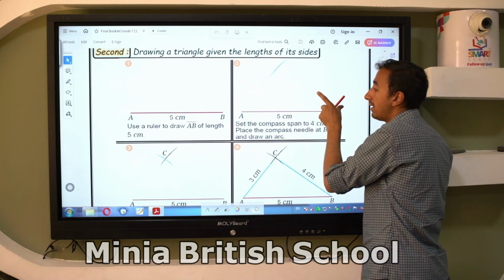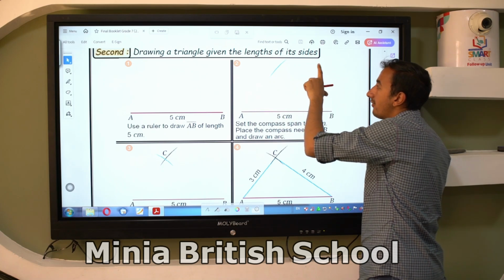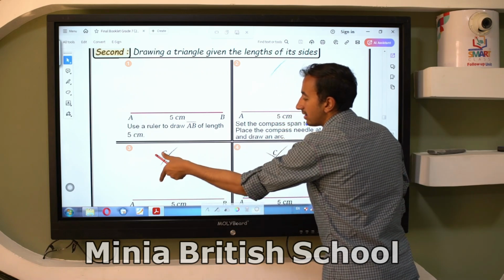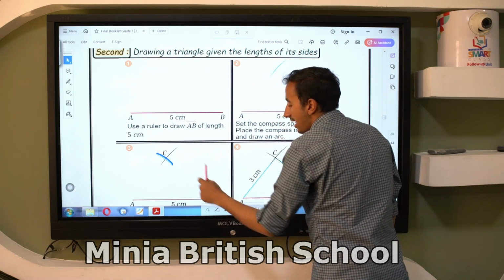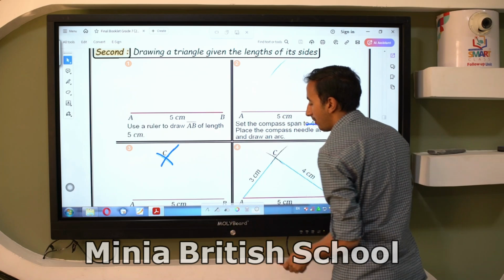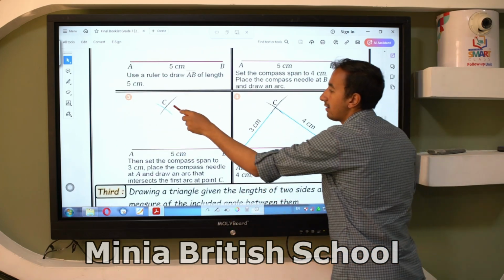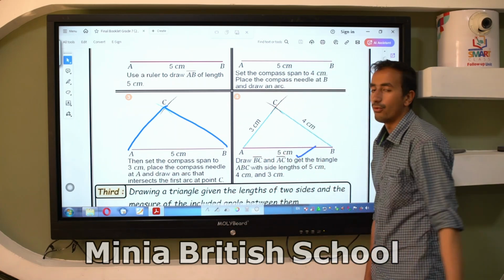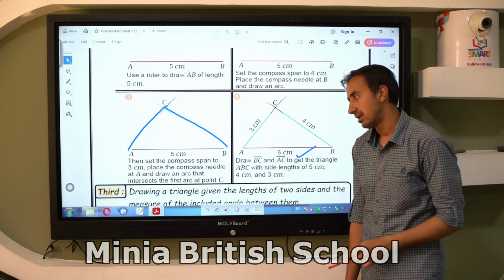From A make 3 cm, and from B 4 cm. Here we have the intersection point between them. You can use the ruler to join this point to A and B to make the triangle 3, 4, and 5. Is it clear? Yes, excellent.